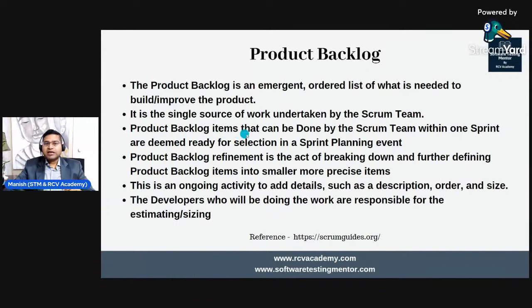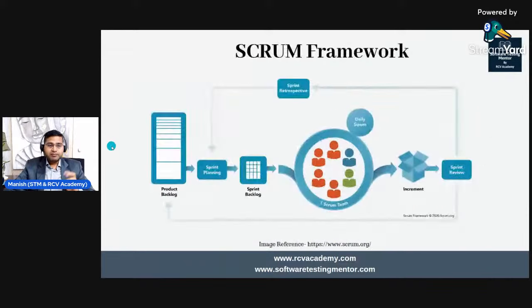Product backlog items that can be done by the Scrum team within one sprint are deemed ready for selection in the sprint planning event. That's what I mentioned here. A high-level epic, which is not very clearly articulated, will be a big epic.